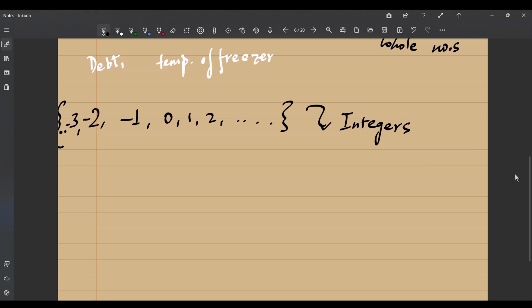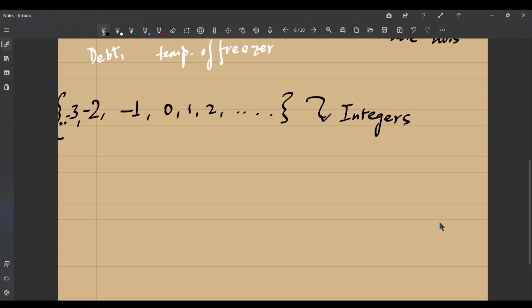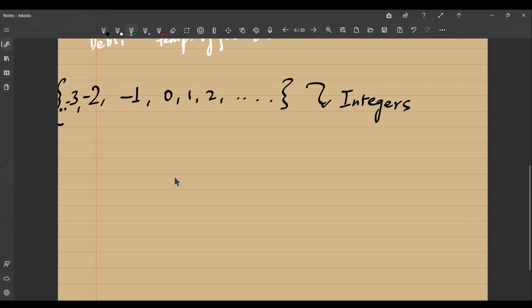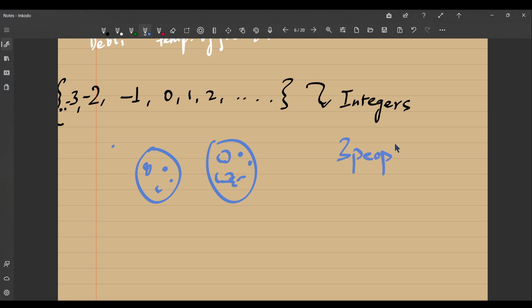So integers were widely used for a lot of time till we hit a problem, and we realized that if you had, say, two pizzas, and we had 3 people to consume these 2 pizzas, the amount of pizza each person gets cannot be represented as a number in this set, right?